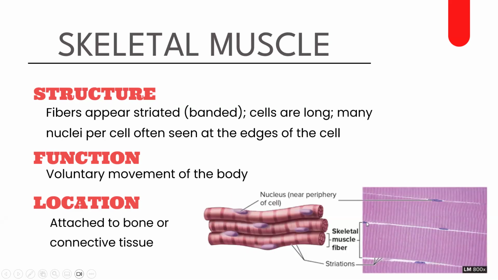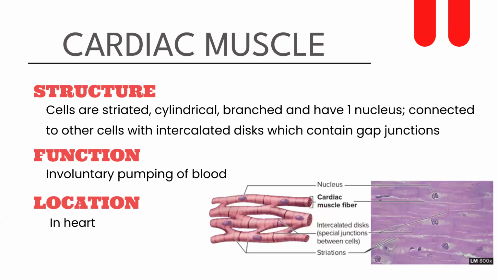If I go back to skeletal muscle, you don't see any branching here. There's no branching from one muscle cell to the other, one muscle fiber to the other. So this is another good time to point out that one muscle cell is known as a muscle fiber, and that's any type of muscle tissue.